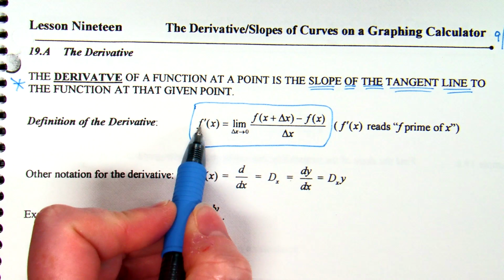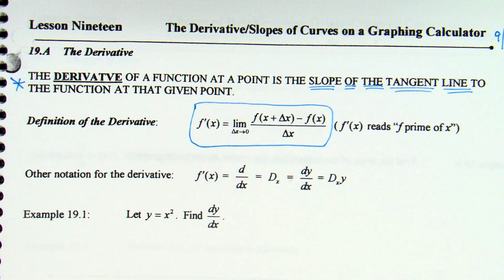So this is f prime of x is equal to, so the derivative is equal to the limit as delta x approaches 0 of f of x plus delta x minus f of x, all divided by delta x. We've been doing that in homework, yes? We weren't calling it the derivative, but I've been telling you along the way when I help you with it that this is the reason they've been preparing it for you. I know we don't always like the Saxon book, but a good thing for it is it does kind of lead up.